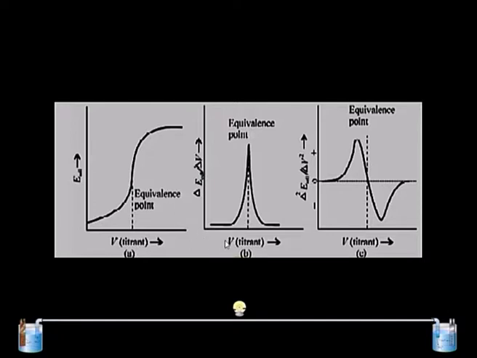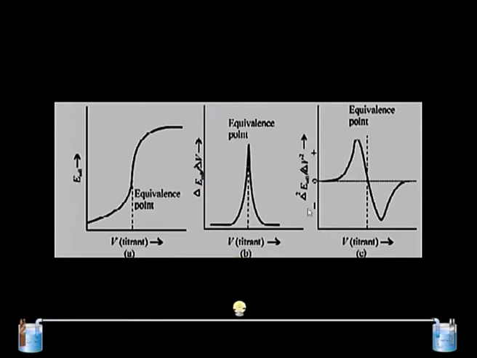The second possibility is that we can plot volume against delta E cell divided by delta V, and in this case we get a peak-shaped curve, and the maximum point gives us the end point or equivalence point.